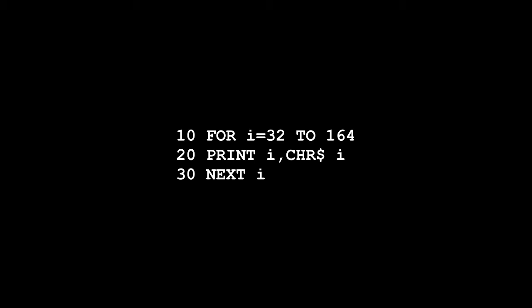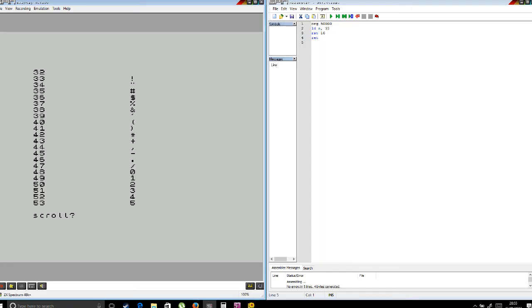We're going to get a row down the left hand side starting at 32, going to 33, 34, 35, and next to it we're going to get the ASCII value. The ASCII value is what's on the left. We're going to get what that character actually represents in ASCII on the right hand side. So let's run this and see what happens. And there we go. It shows you every ASCII value and its equivalent.